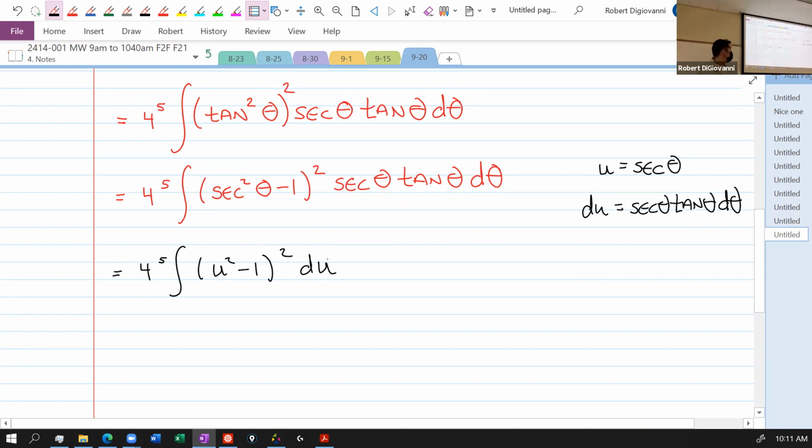And it turns into the integral of u squared minus 1, all of that quantity squared. And then what we did last class, we just multiplied that all out, like expanded it. So it becomes u to the 4th minus 2u squared plus 1 du.